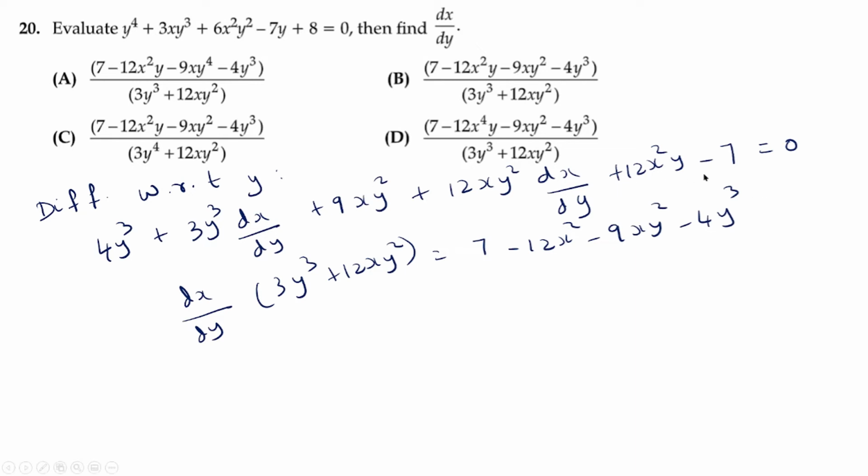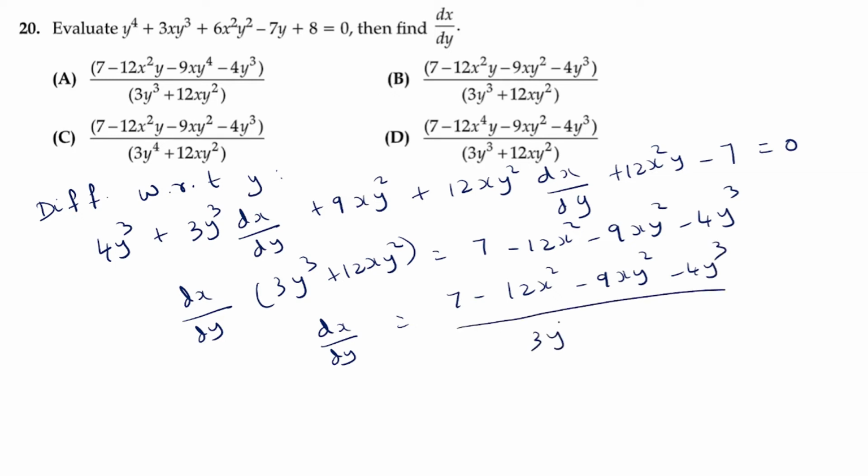So taking all these terms to the other side, we get dx by dy is equal to 7 minus 12x square y minus 9xy square minus 4y cube upon 3y cube plus 12xy square. So the correct option is option B.